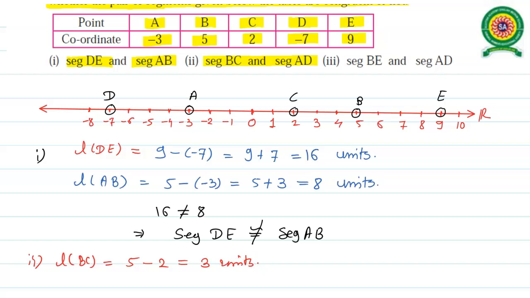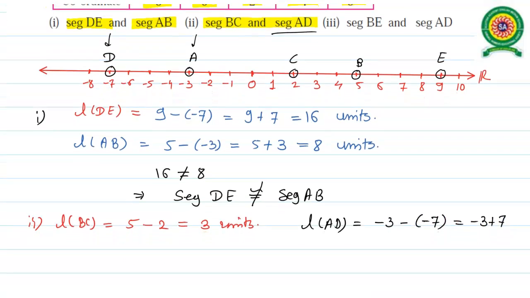Now let us evaluate the length of AD. How do we find it? Look, point A is located at -3, D is located at -7. Among them, which is the greatest number? -3. So we have to subtract -7 from -3. Minus minus becomes plus, so -3 plus 7 is 4.